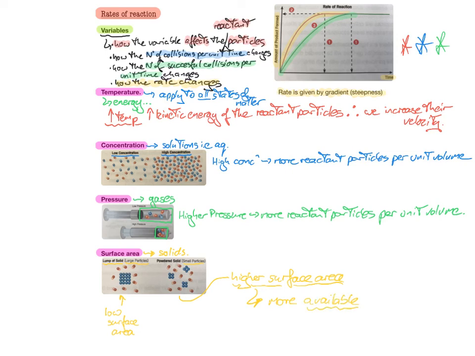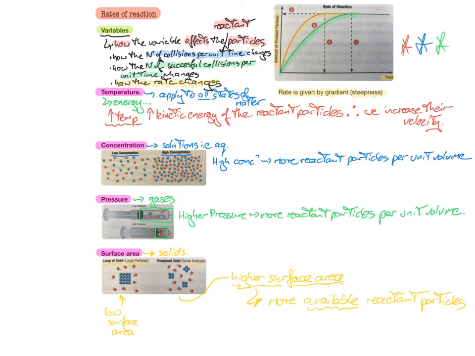And let's underline that because that's very key. More available reactant particles. And if we have more particles that are available for the reaction, we have more particles we can bump into, i.e. we have more collisions per unit time, more successful collisions per unit time, and therefore a higher rate.